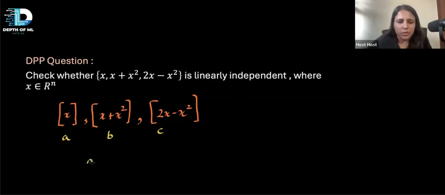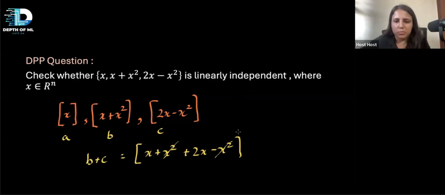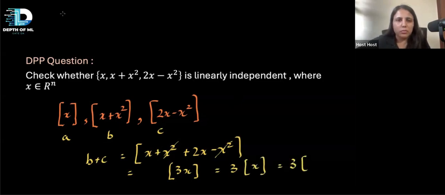And then let me see what I do get when I add these two vectors, okay? So I am adding x plus x square plus 2x minus x square, right? So I can do this because I can take any linear combination of the vectors, and this is perfectly fine, right? To add these vectors like this. So what I'm left with is 3 of x, or I can say 3 of b.